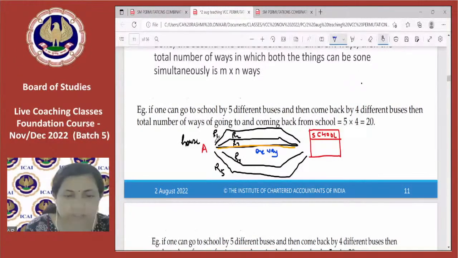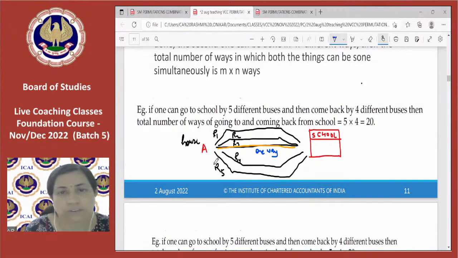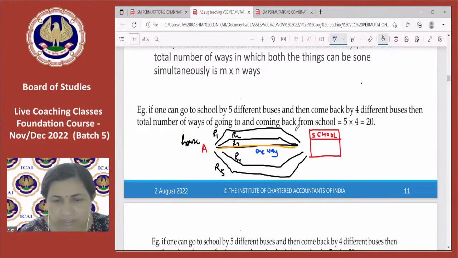So what will happen? This R3 bus will not be able to complete a circular journey. So when A goes from home to school, he can use bus R1, R2, R3, R4, R5. But while coming back, he can use this R1 bus, this R2 bus, this R4 bus, and then this R5 bus.